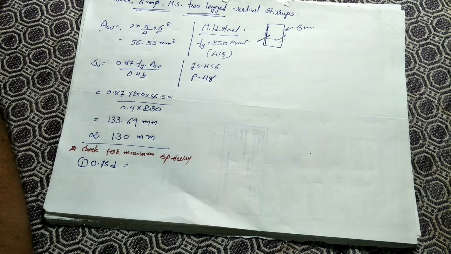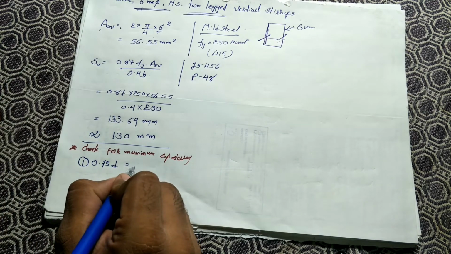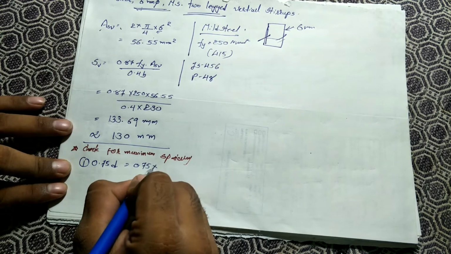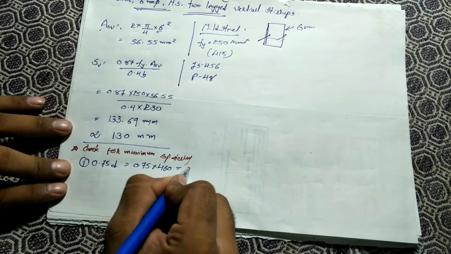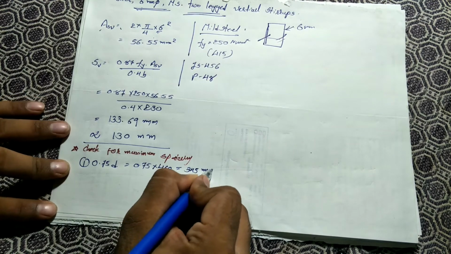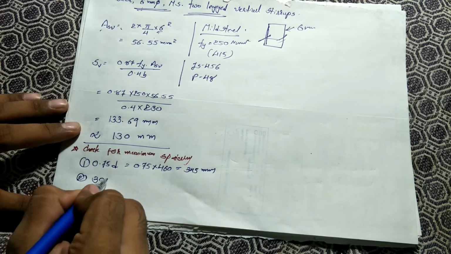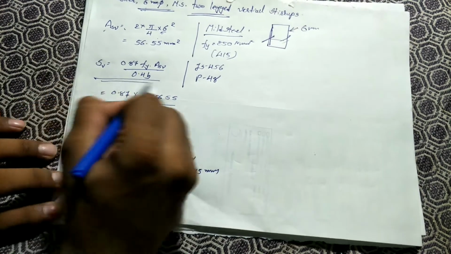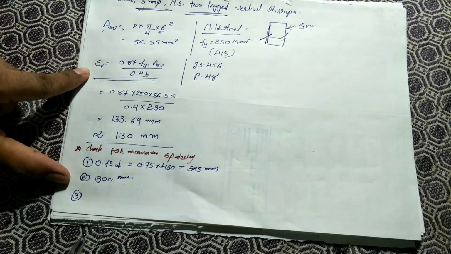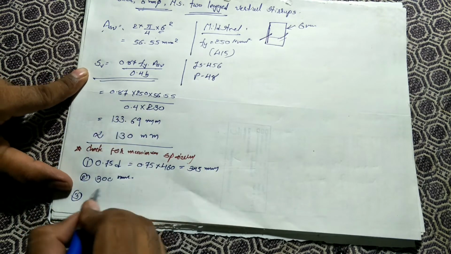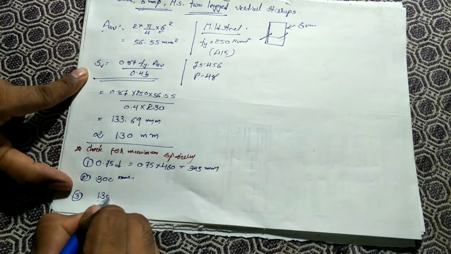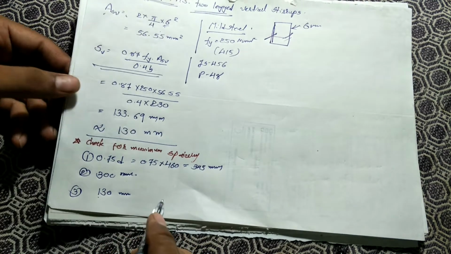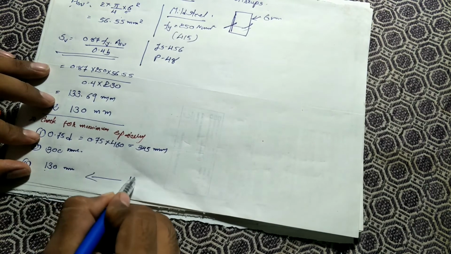So 0.75 into d, which is 460, that value is 345 mm. Second is 300 mm. And the third one is this equation only, for minimum shear reinforcement, and that value we got is 130 mm. Provide the smaller of these three values. So that value is nothing but 130 mm.